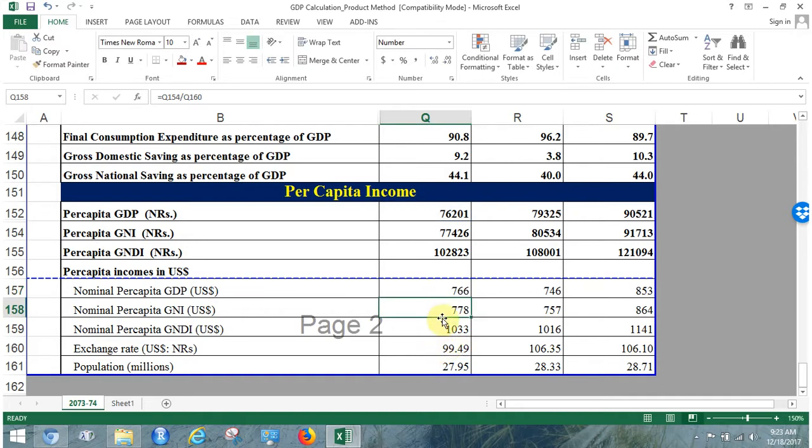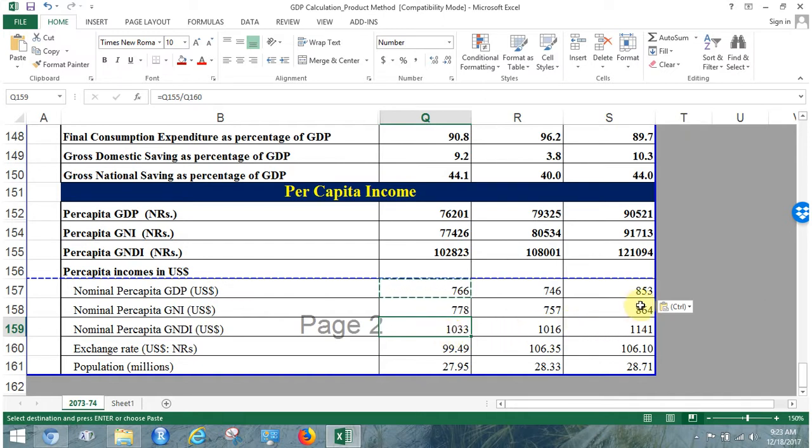So by using this formula for all the years, we get the per capita GDP in US dollar. So in this way we can calculate the per capita GNI in US dollar and per capita GNDI in US dollar.